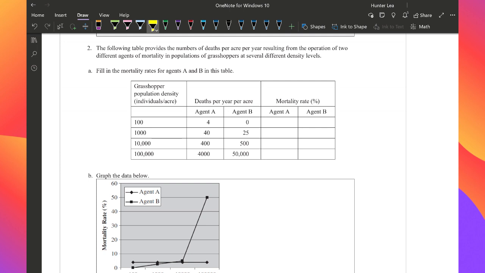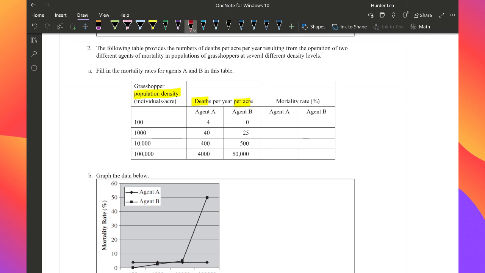All right. So we have population density in our left column. We have deaths per acre per year, and our annual mortality rate. And each of those 2 columns is broken down by agent A and agent B. Okay.